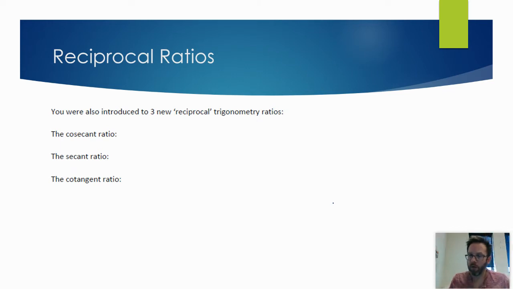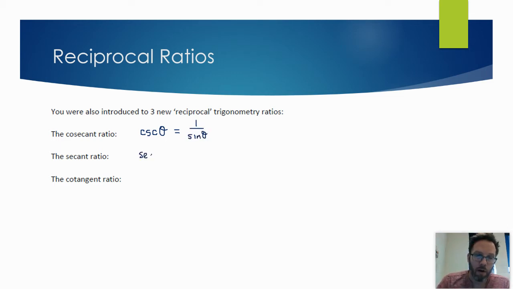In your grade 11 course, you also looked at 3 new trigonometric ratios. They're related to the 3 primary trigonometric ratios. You learned about the cosecant ratio, and the short form for the cosecant ratio was CSC. The cosecant of an angle is a reciprocal ratio. It's the reciprocal of the sine ratio, 1 over sine theta.